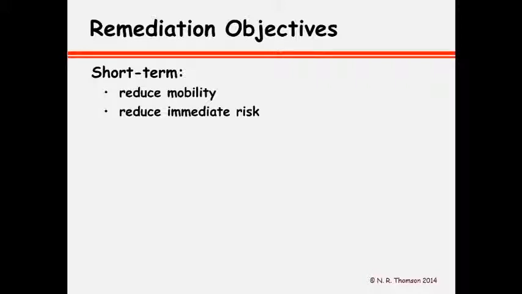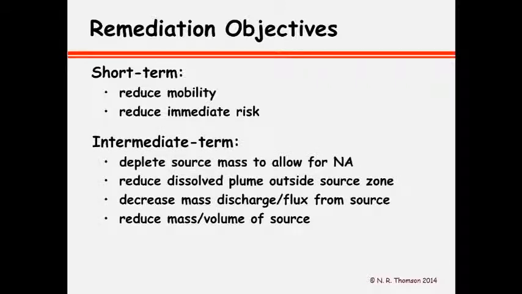So that would be clearly a goal to reduce the mobility of those two phases. Perhaps there's a soil contaminant problem, and the immediate risk is to remove the impacted soil so that nearby children will not play on the soil. Immediate term goals are those that are very real.